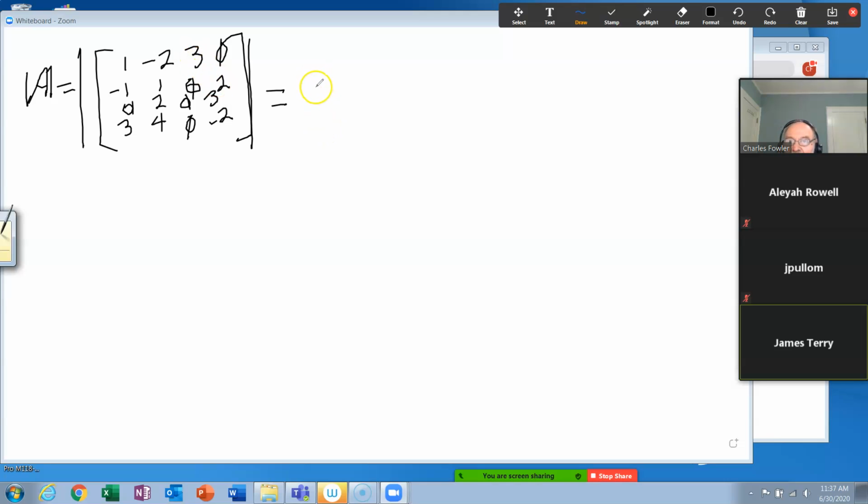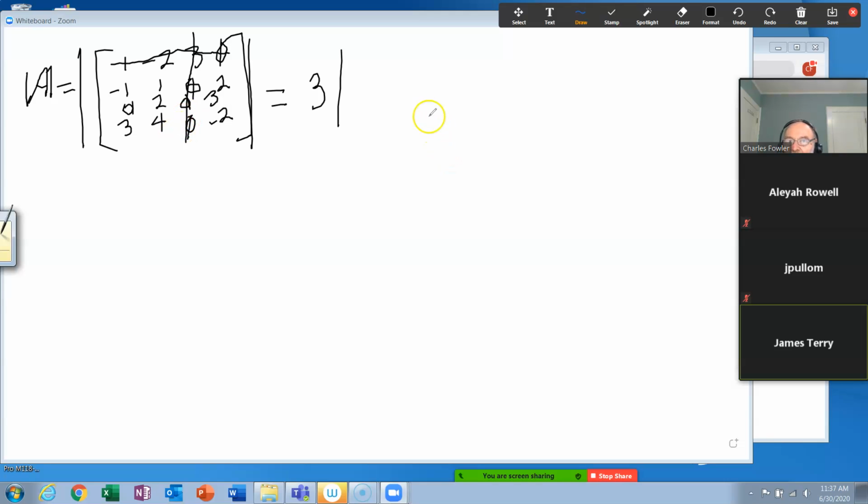Plus, you're right. So that's going to be 3 times the determinant that you have left over when you wipe out the first row and the third column. So that's going to be, let me wipe them out this time. Wipe out the first row and the third column.